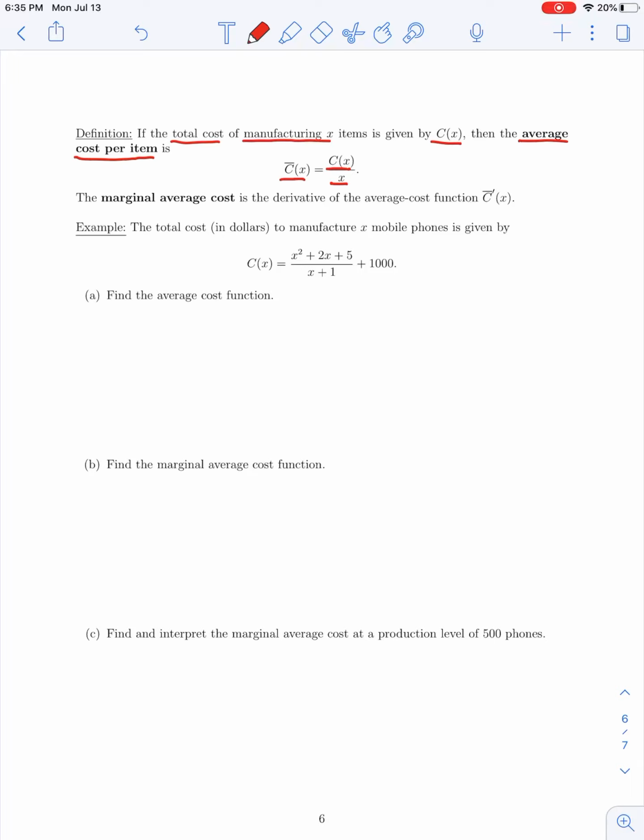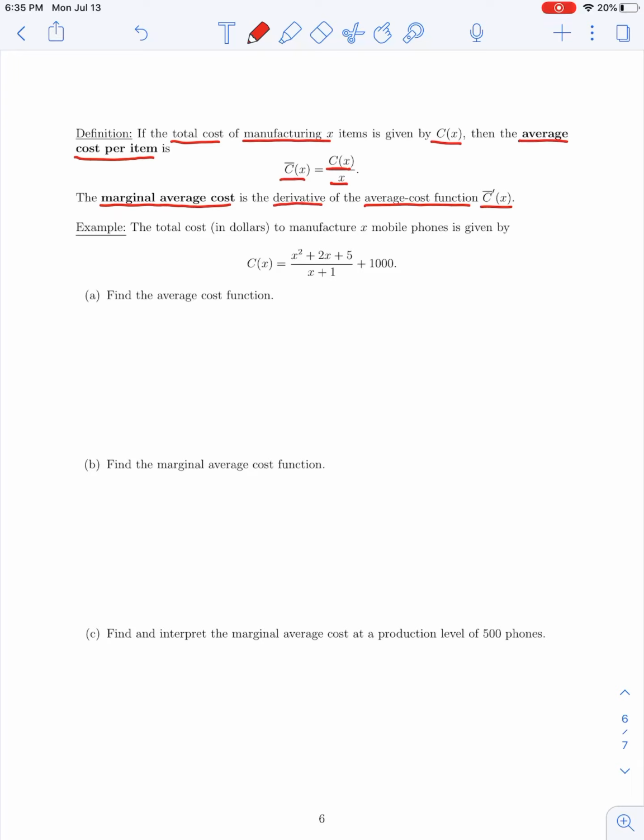Now for an average cost function, we can define the marginal average cost as the derivative of that average cost function. That is C bar prime of x. So recall throughout this course, the term marginal is used to represent a rate of change. That's a term used by economists.